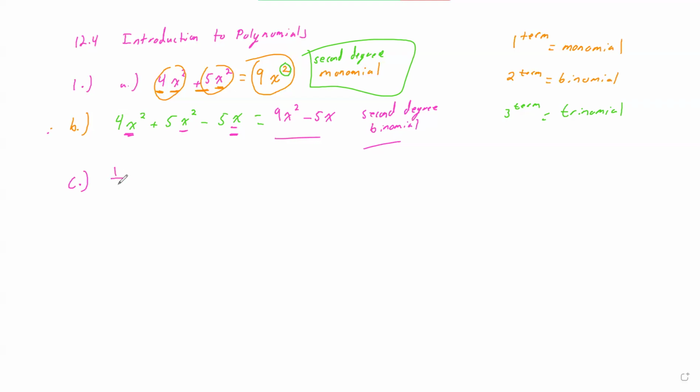All right, let's look at this one: 1/3 y squared plus 4y cubed minus 3y squared plus 8. What could I combine?